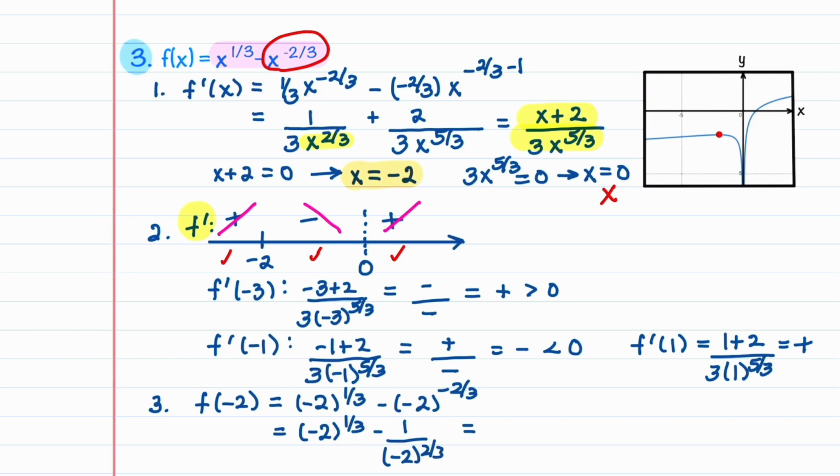Now we can get a common denominator of -2 to the 2/3. This gives us this term multiplied by -2 to the 2/3. So that's really nice. This just gives us a -2, and then we have a -1. So we have a -3, and then we can say -2 squared is 4. So we have a -3 over 4 to the 1/3. And if you put that in your calculator, it is approximately -1.89, and this is our local max.